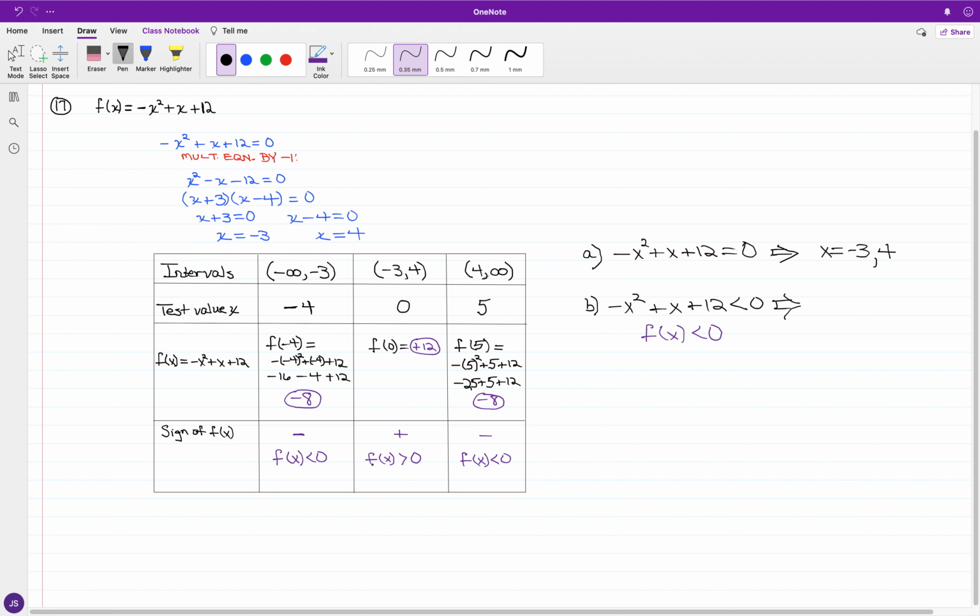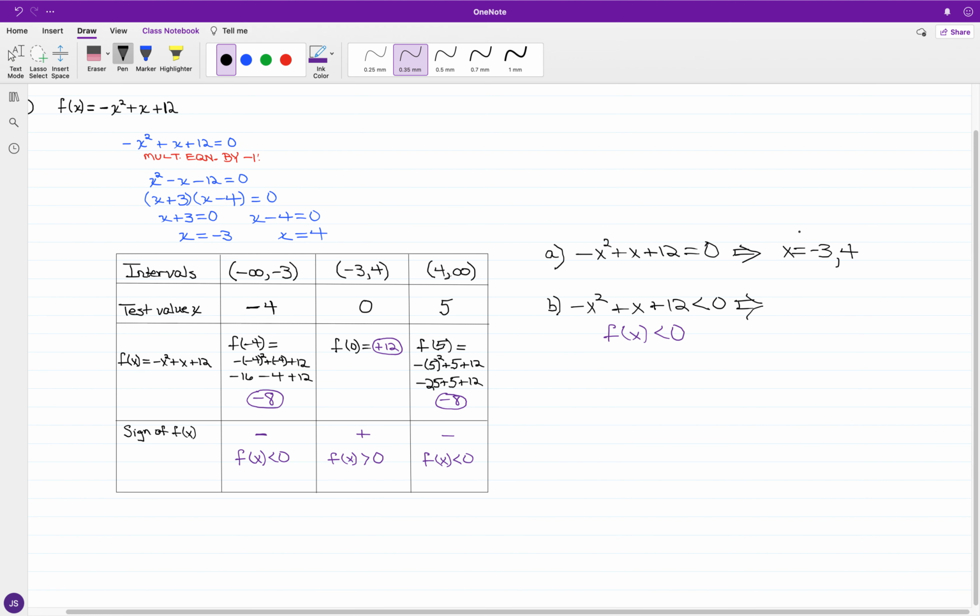This will apply to the first and the last subinterval portions. So we're looking at those values of x less than -3, along with those values of x that are greater than 4.